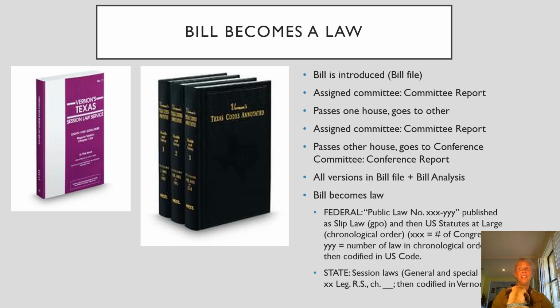And that agency, or that division, will create a budget report that basically says, this is how it would affect the budget. So that will be in the bill file. And then the committee itself will usually write some kind of report, and that will be their bill analysis. That's also information that is considered legislative history.